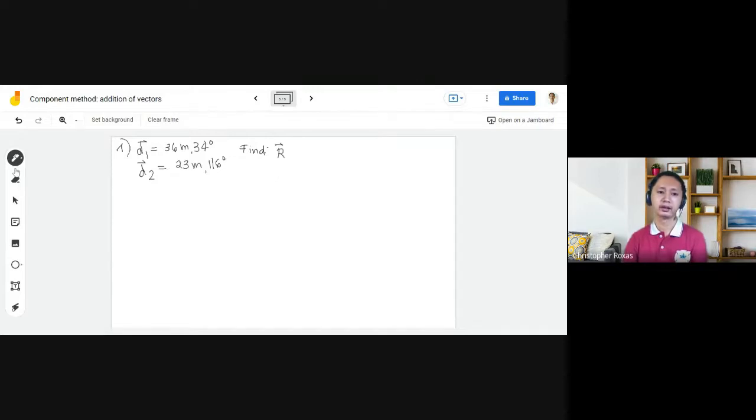So class, we can draw this. Graphical method. We can do the graphical method first, so that we can solve the problem more easily. So, if we will perform a graphical method, we always start with our Cartesian plane. Sorry if it's not even. You have the origin here. So, D1 is 36 meter, 34 degrees. So, how about the 34 degrees?